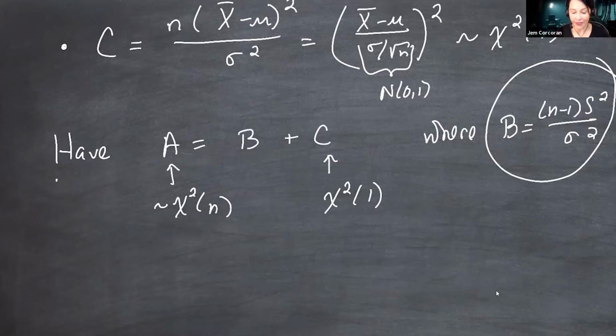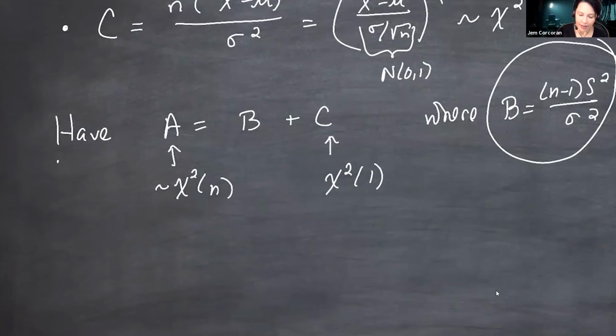And so the next step is going to rely on another result of problem 1 on homework 5. In problem 1 on homework 5, you were showing that for the normal distribution, the sample variance s squared and the sample mean x bar are independent.